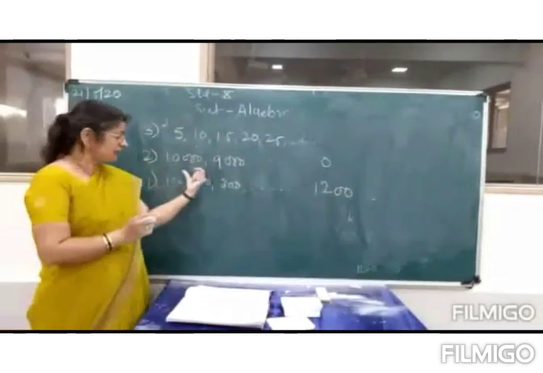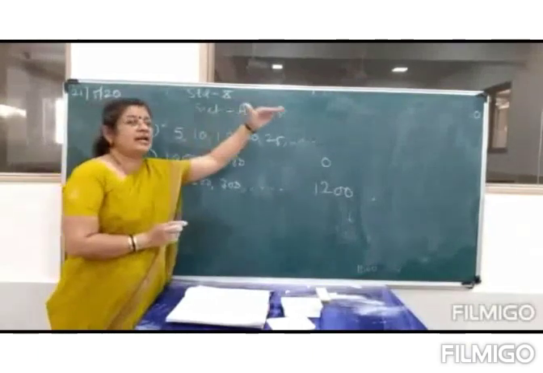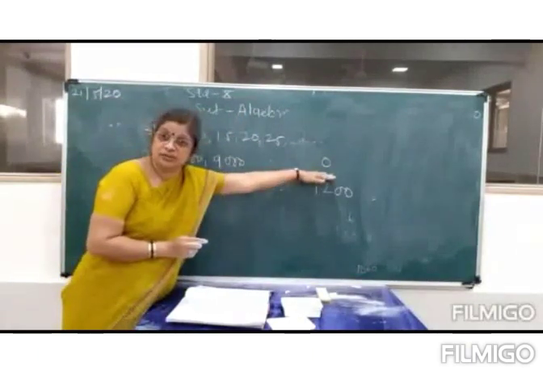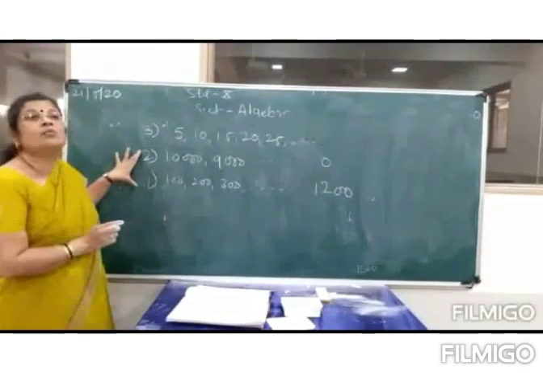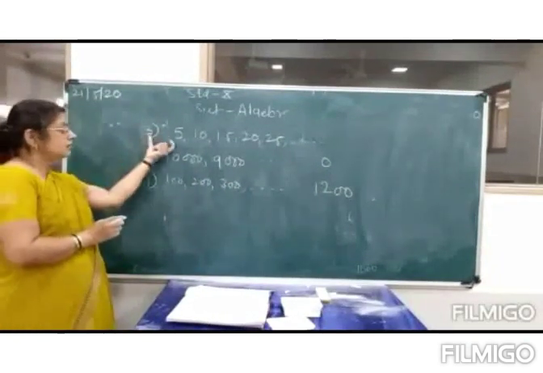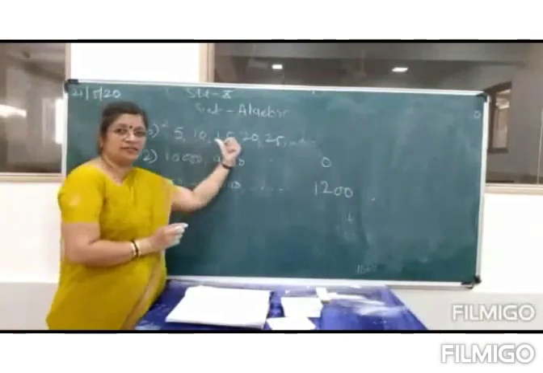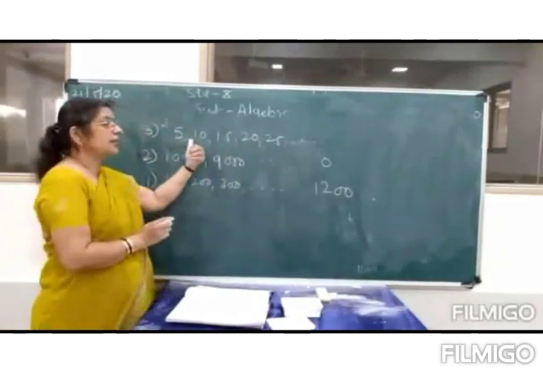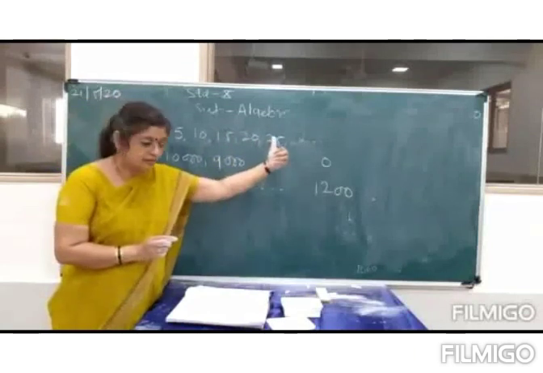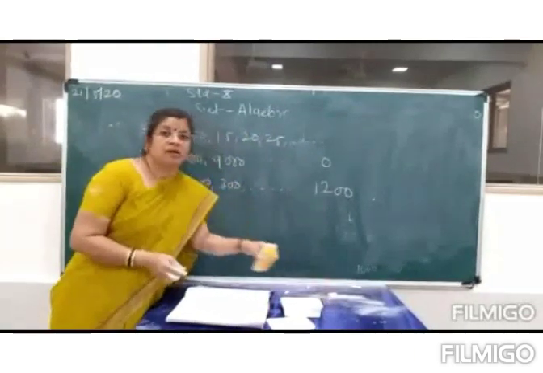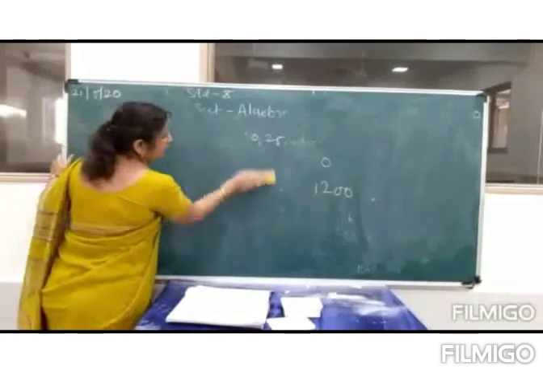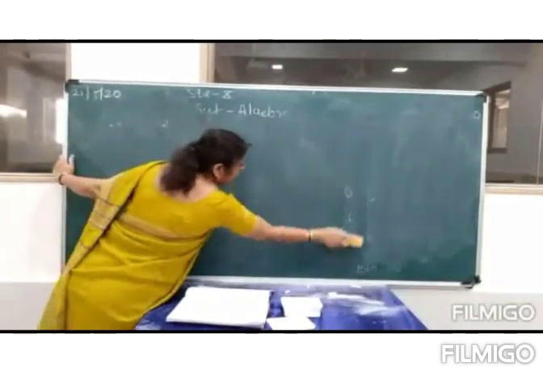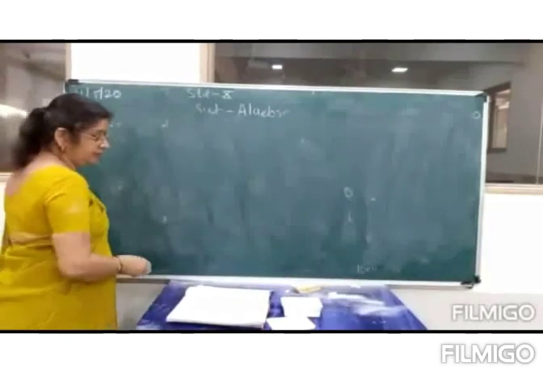Here 10,000 is borrowed and at the end he reached 0. So these 2 examples are finite AP, and the third example, that is the 5 table, is an infinite AP. Understood up to this? Now we will see what you have to remember, what you have learned up till now in this chapter.